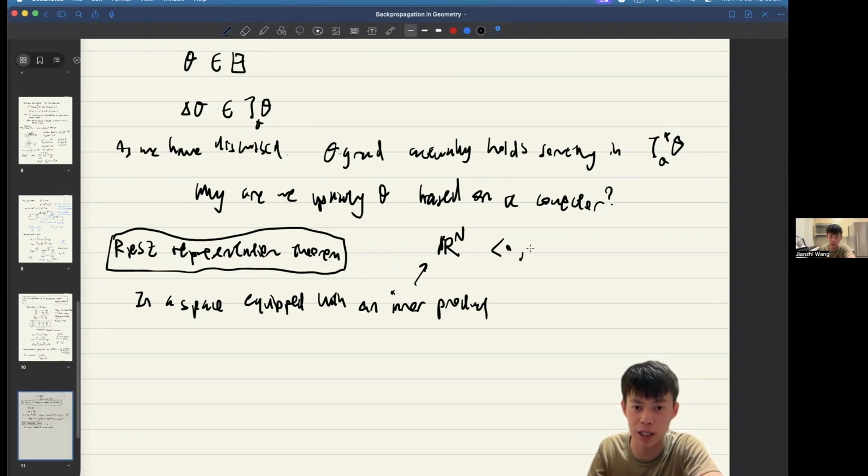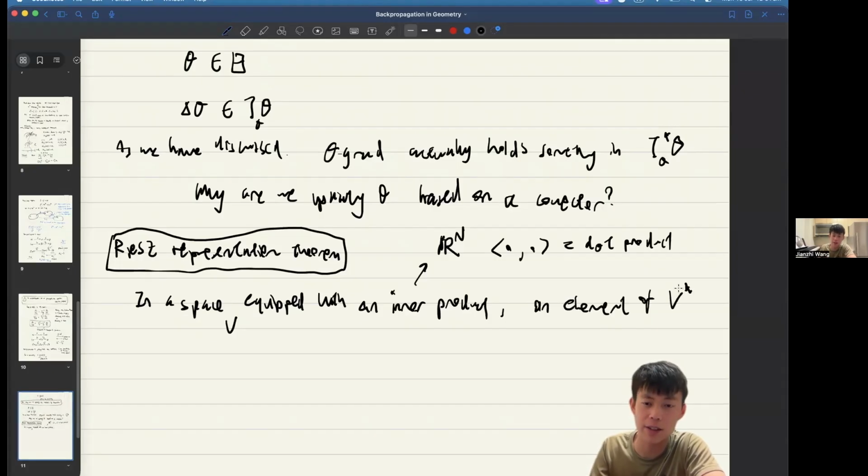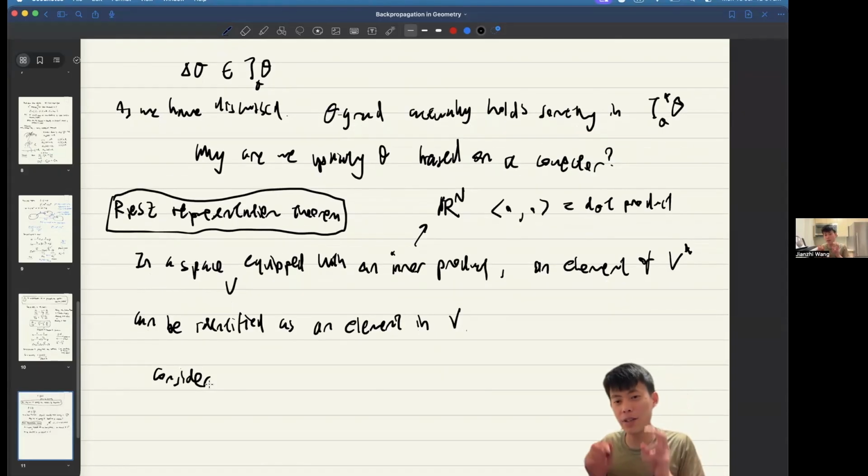It can be equipped with the inner product, which is just the dot product. In a space equipped with an inner product, an element of V star in the dual space, so an element in the dual space can be identified as an element in V.